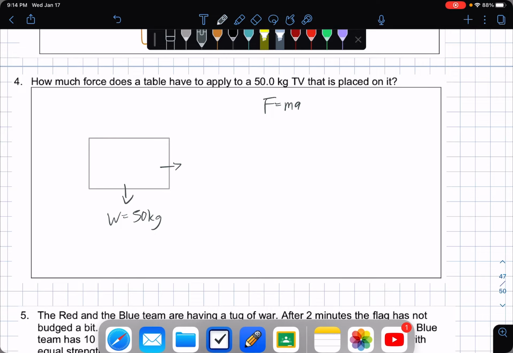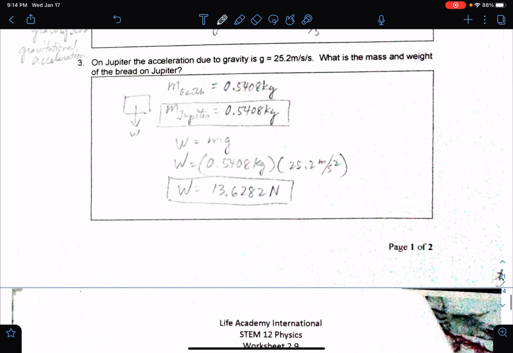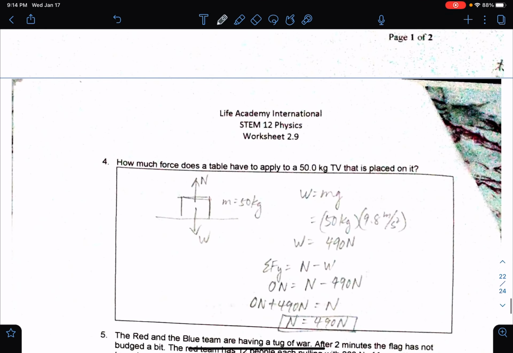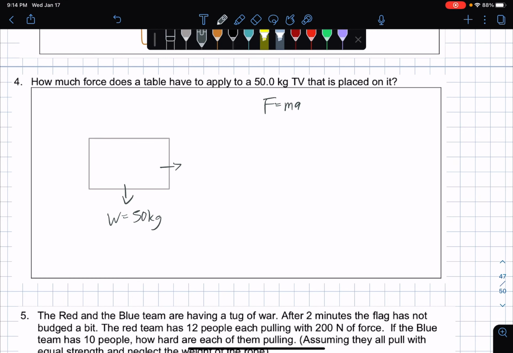But the question is how. Let's see what the answer key says about it. Okay, we still use W is equal to mg. And this is the table. So how much force? That's what we're looking for.